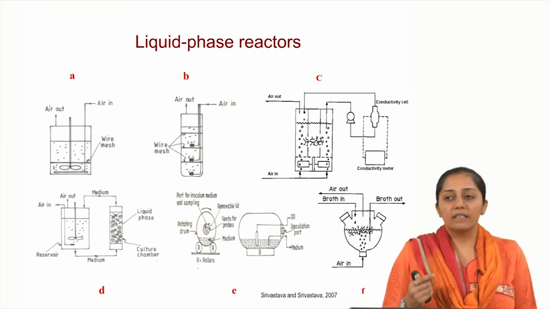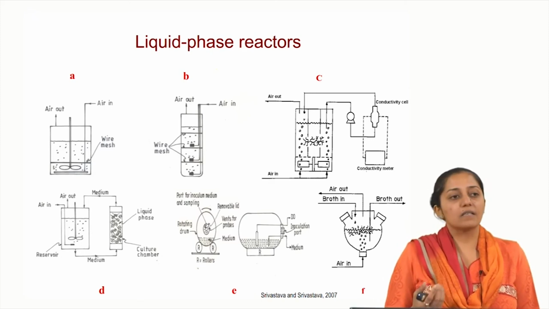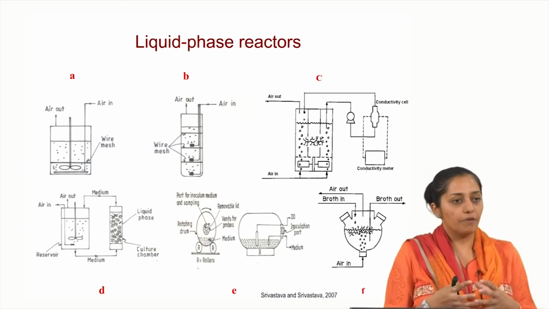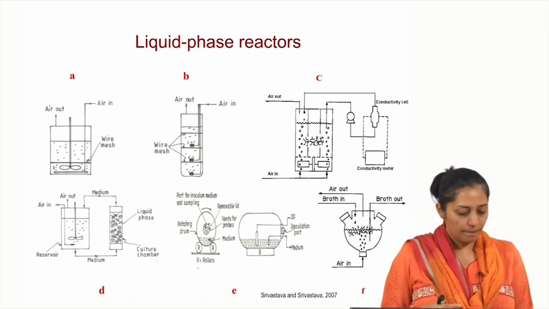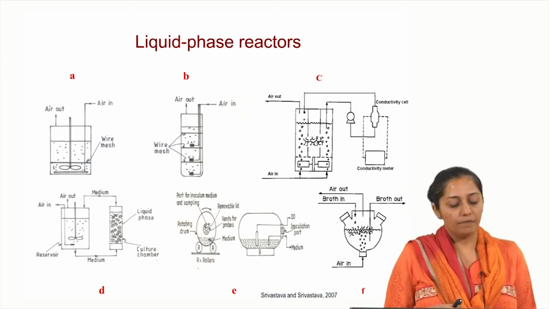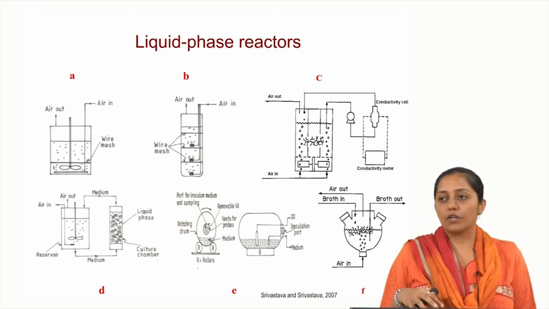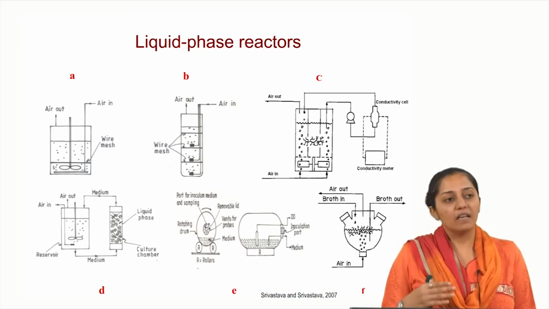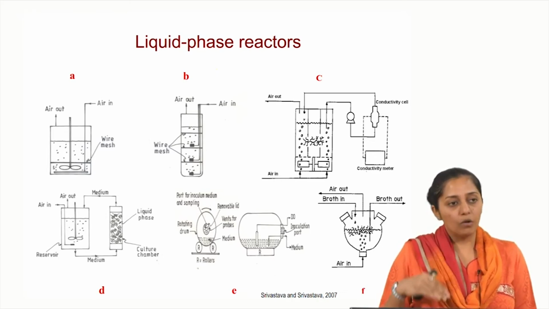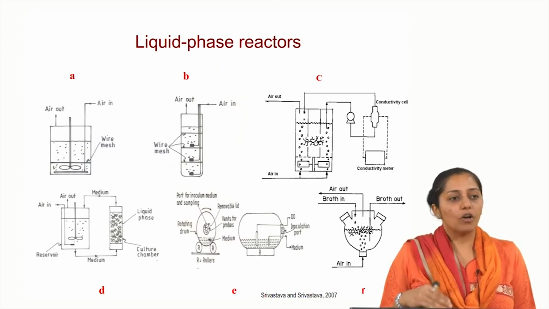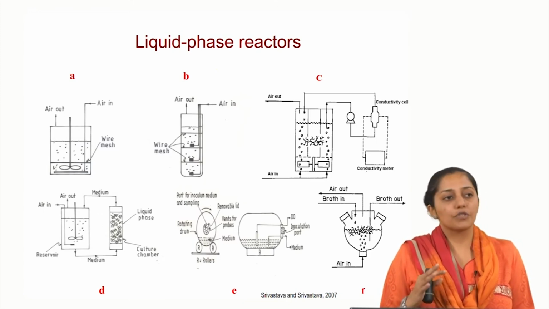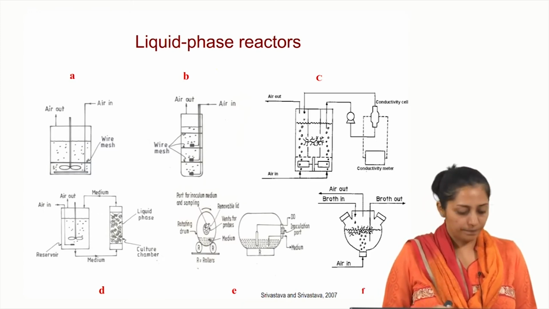So even in these kinds of liquid phase reactors, a support is provided which can facilitate self-immobilization of the hairy roots. So you can see in picture A, which is a stirred tank reactor, there is a mesh provided onto which inoculation is done, and the impeller is then kept below the mesh such that it cannot generate large shear forces on the inoculated roots.